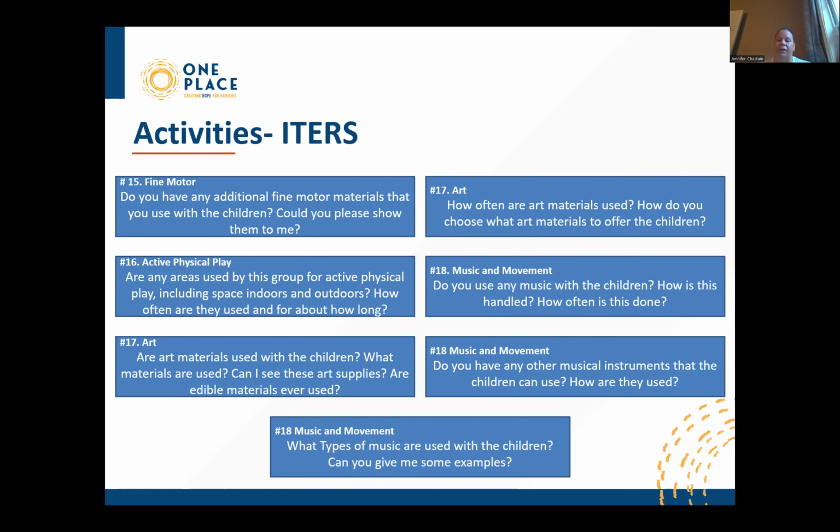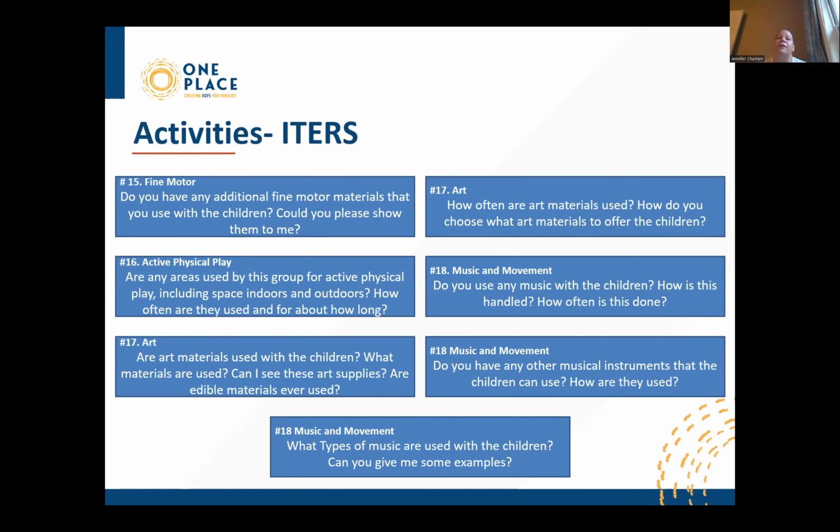So tell them, this is our outdoor playground. When it's too hot, or if it's raining, or there's other weather related things going on, we move the shelves so we can do indoor gross motor. The children should participate in active physical play for at least 1 hour every day, regardless of if it's inside or outside.